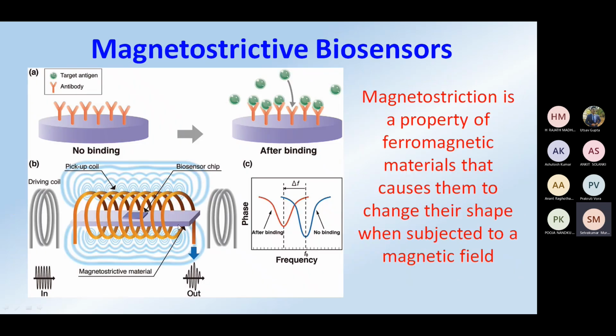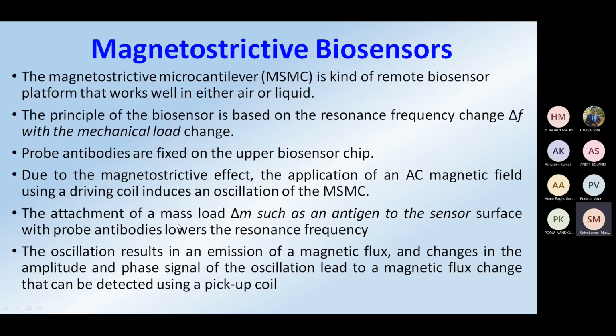Okay. And that of course will happen only with the changes of mass load, because once the target antigen is connected with that antibody, the mass change will happen, and as a result the magnetic resonance frequency will change, and that again will affect your magnetostrictive materials. Okay, so as a result, you're going to have that double confirmation that your biosensor is detecting some species.